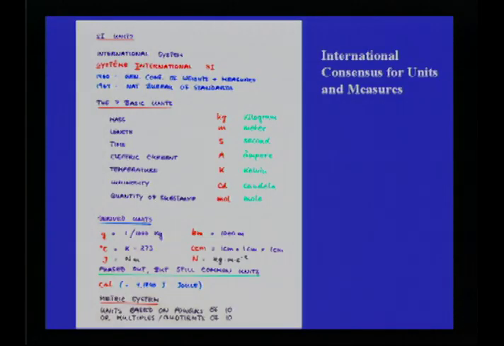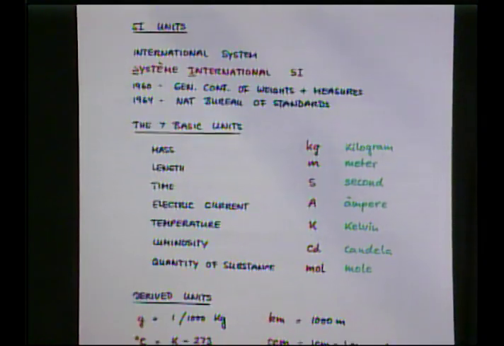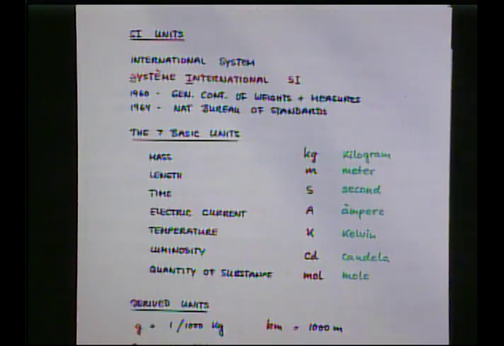Now we talked about units, and it's important to consider that we deal with a certain internationally accepted system, and that is called the System International, or in French, the Système International.